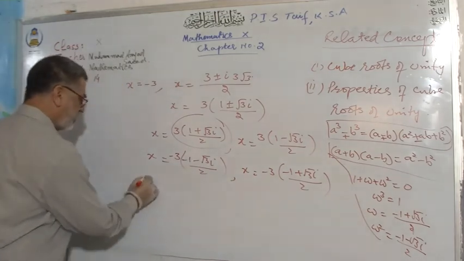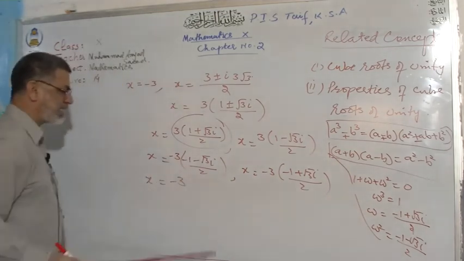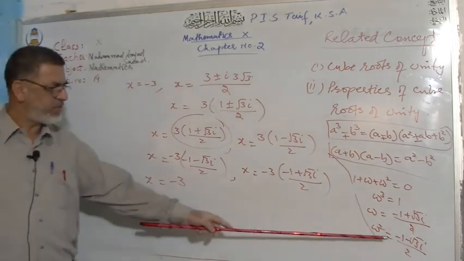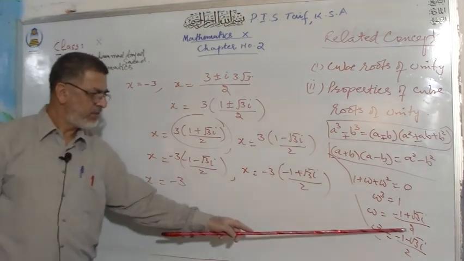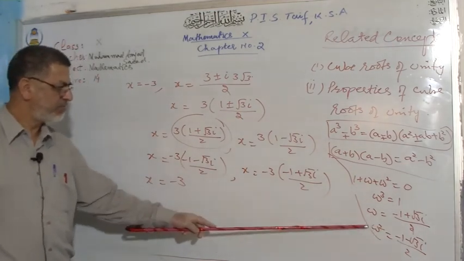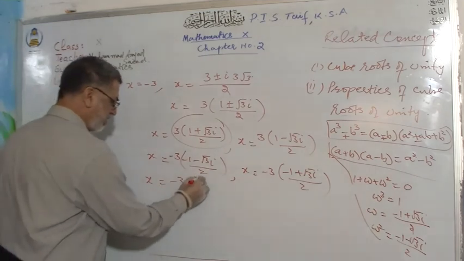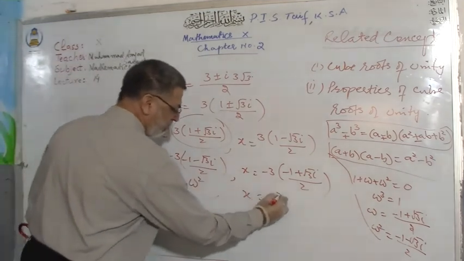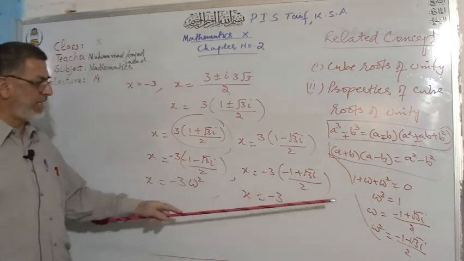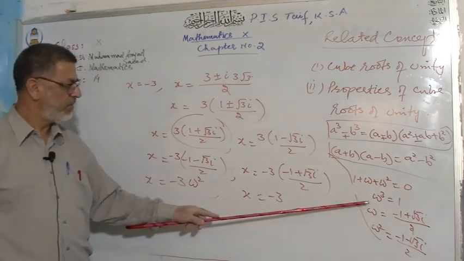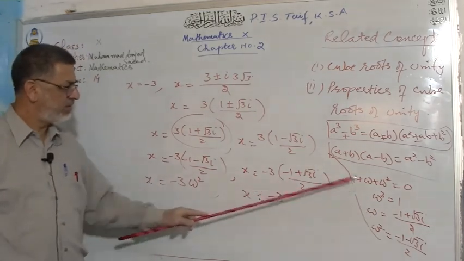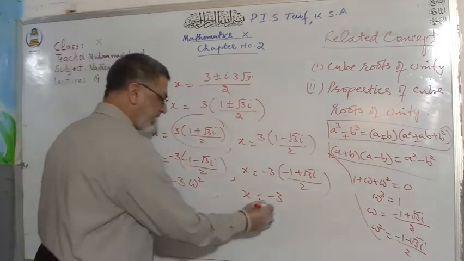Remember that. You can check, this is the value of omega square. And minus, with what is inside, with the positive sign, that one is omega.